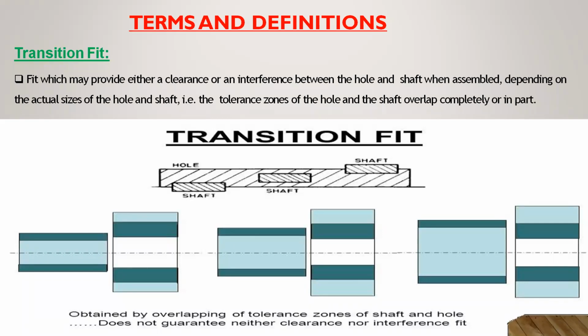So this fit may be a piece to piece fit, that is, the shaft size is equal to the hole size. So that is, the outside diameter of the shaft is equal to the inside diameter of the hole.